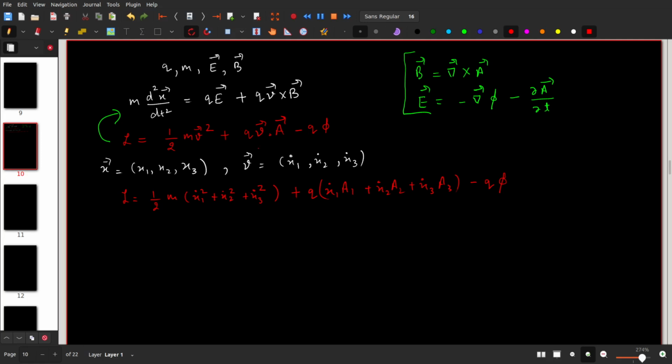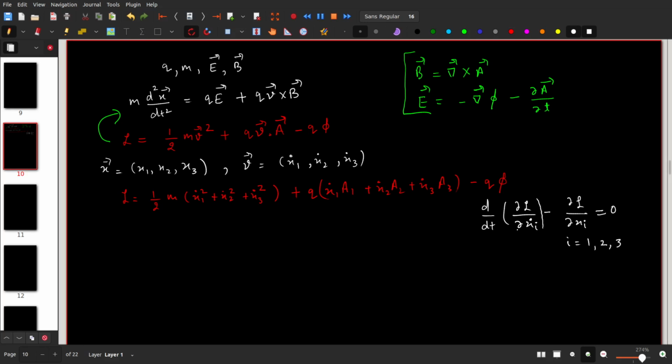Now the Euler-Lagrange equations corresponding to this Lagrangian are a set of three equations, and they are given by d by dt of ∂L over ∂xi dot minus ∂L by ∂xi equals 0 for i equals 1, 2 and 3.